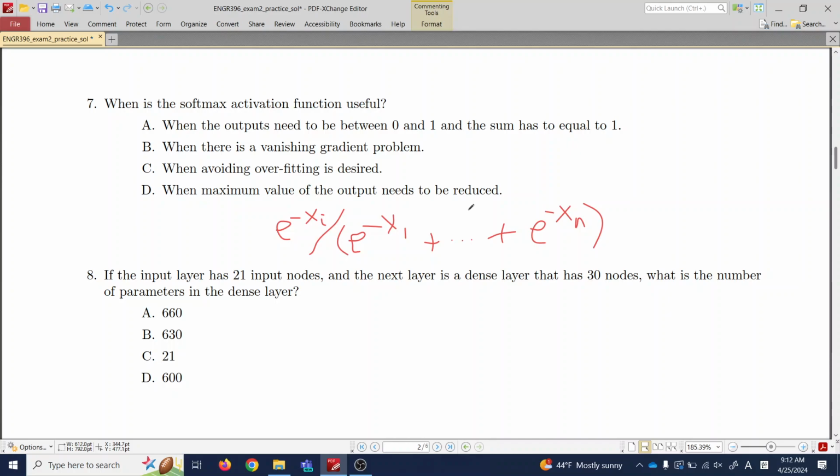Why would we want that? Because if we do that, then the output will have the meaning of probability. And you want to have the meaning of probability if your loss function is something like cross entropy, because it relies on the assumption that the output from the previous layer is a probability. So that's the reason why softmax activation was used.